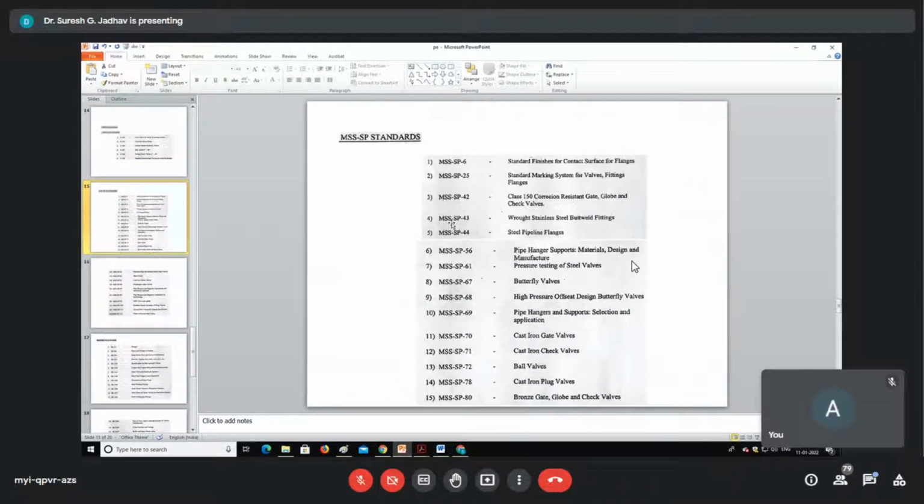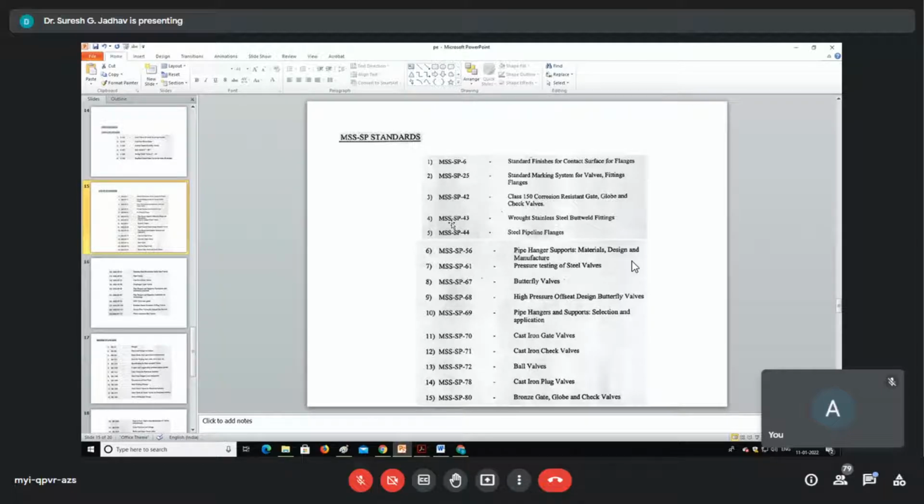And another standard is the MSS-SP standards. In addition to the above standards and material codes, there are standard practices followed by manufacturers. They are the manufacturer standards. Therefore, we call them MSS-SP standards. These are published as advisory standards and widely followed.